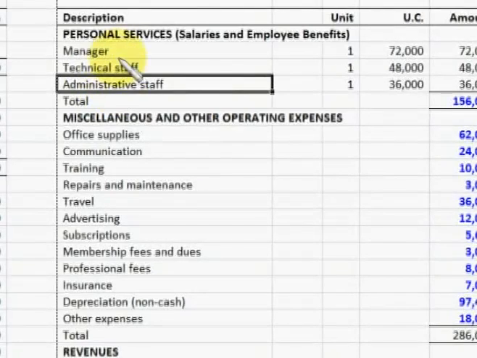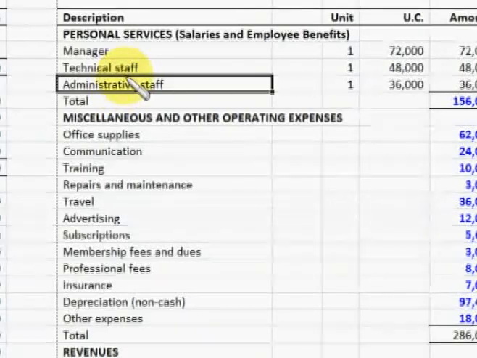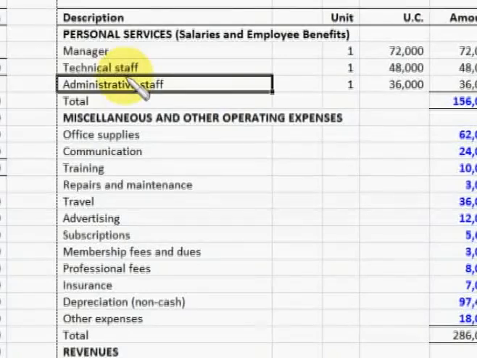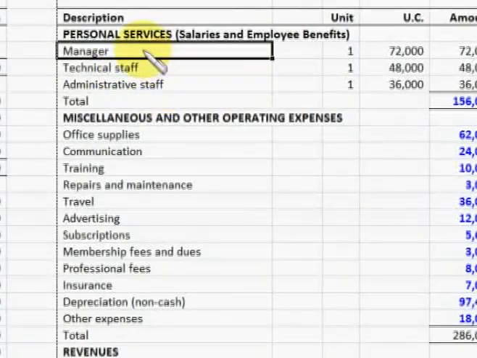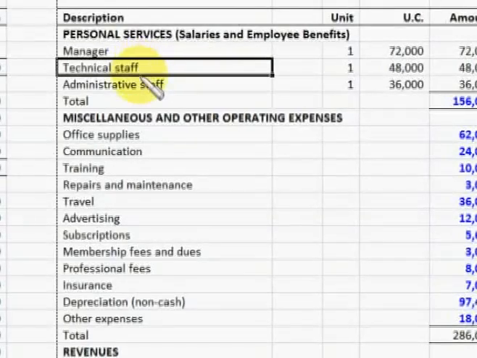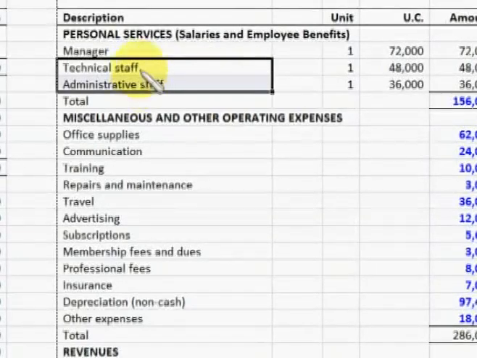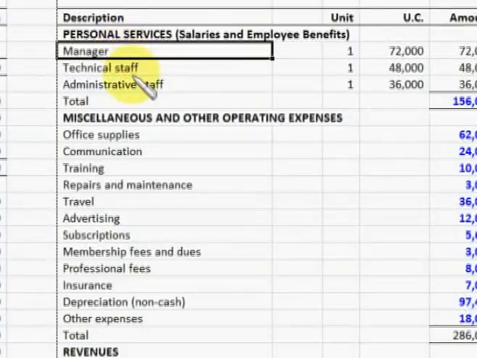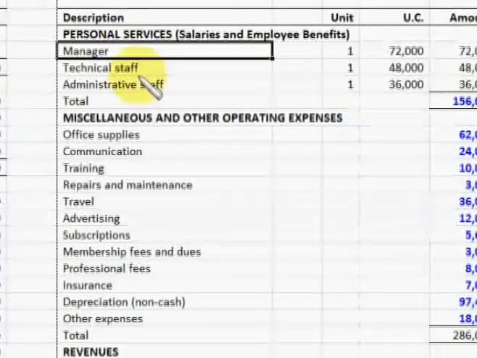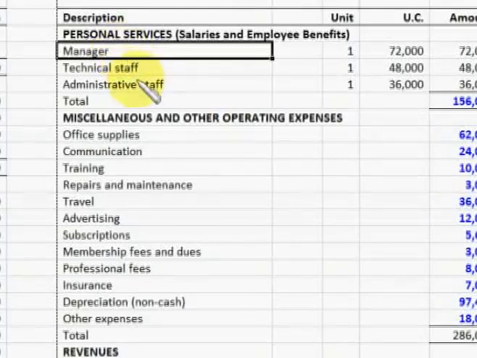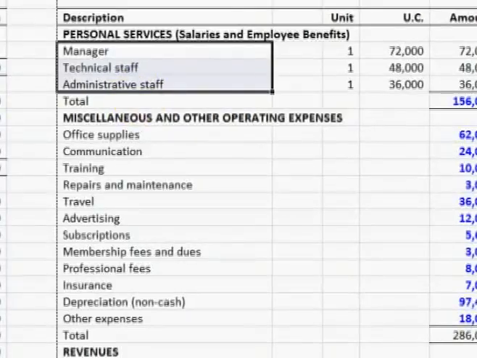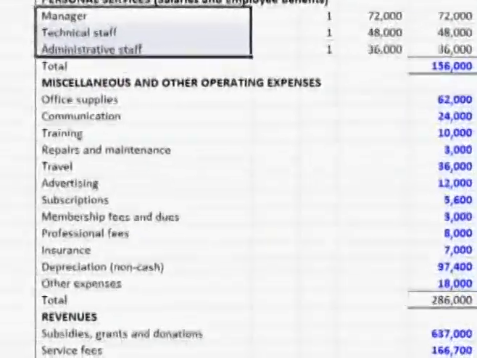In some instances, however, CECs, especially those hosted by small local government units, can only afford a manager and one technical administrative staff, or in some cases, there are CECs that are managed by only one person, and that is the manager himself. But in some instances, like the provincial government and city-based CECs, they have more than three staff that man their CECs.